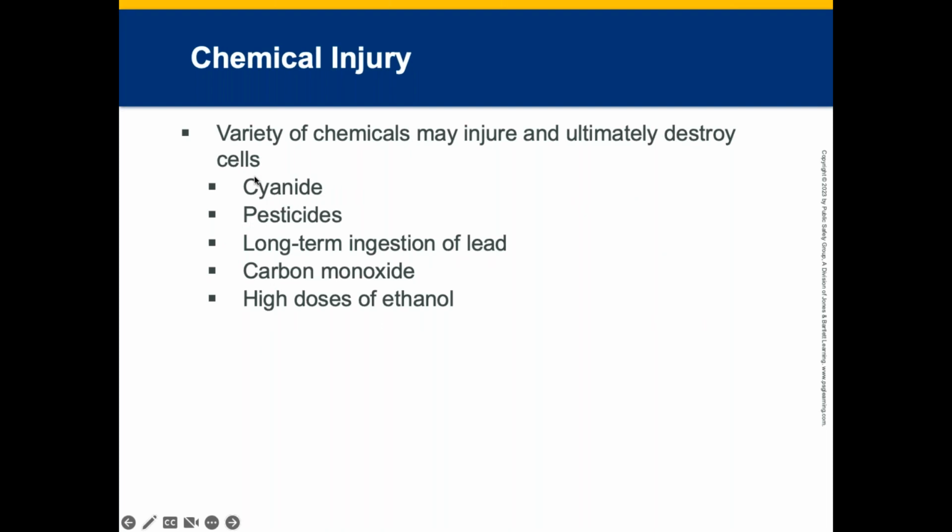Chemical injury is a variety of chemicals that may injure and ultimately destroy cells. The common poisons include cyanide and pesticides. Interesting, right? Cyanide and pesticides.